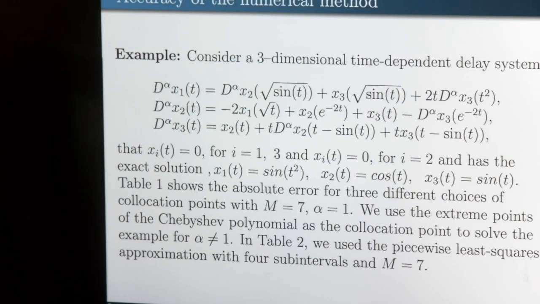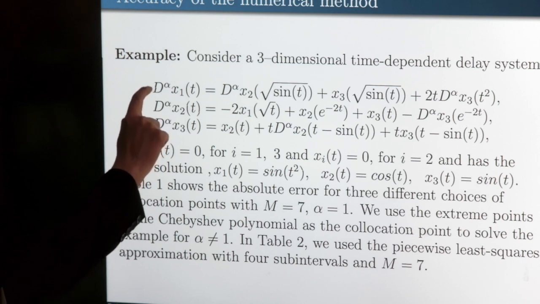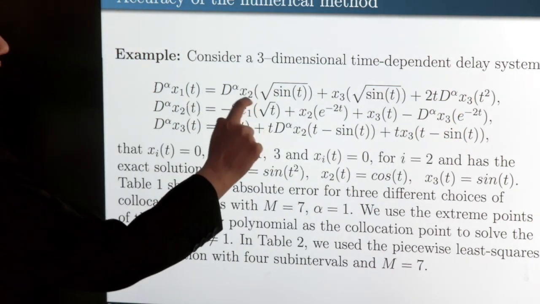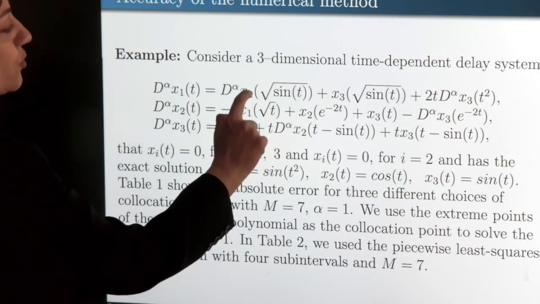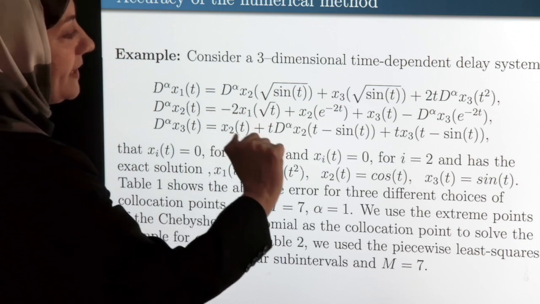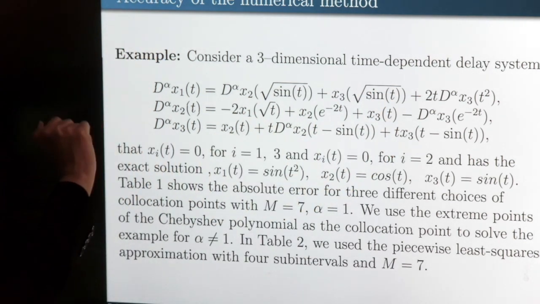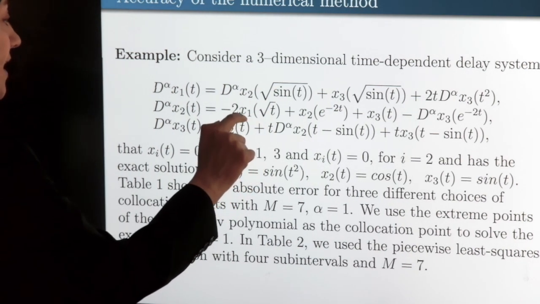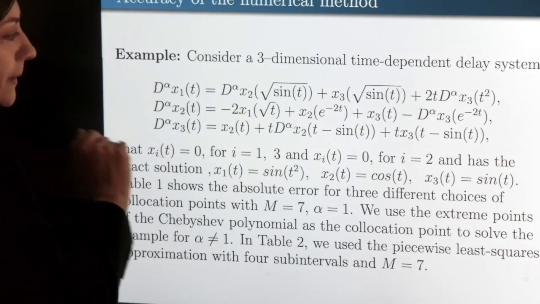Here we have a three-dimensional time-dependent delay system. We have the fractional order alpha of x1 given by this function. Here we have a delay term, the square root of sine of t. For the second equation, the delay term is the square root of t.